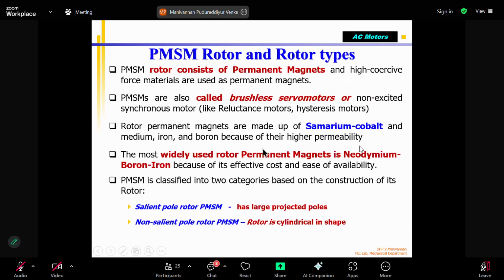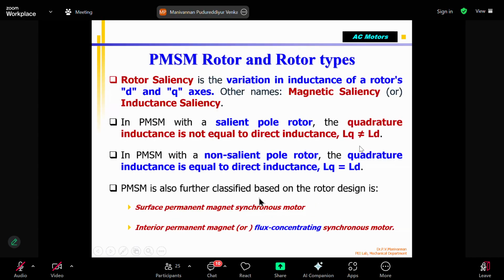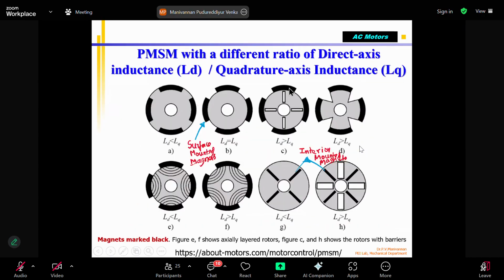Okay, so we talked about the advantage. We also talked about the salient pole motor, which will have projections. I already showed it yesterday. If the magnets are projecting outside, this is called a salient pole. We can see this here: the rotor core on which the magnet is attached on top, but it is projecting.